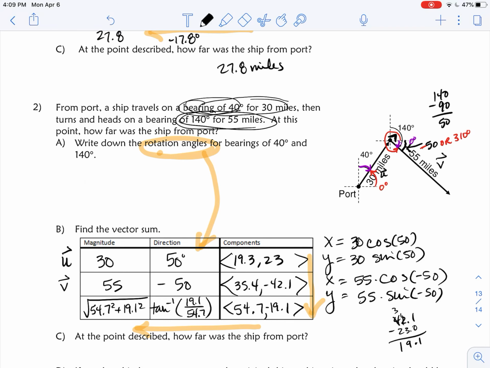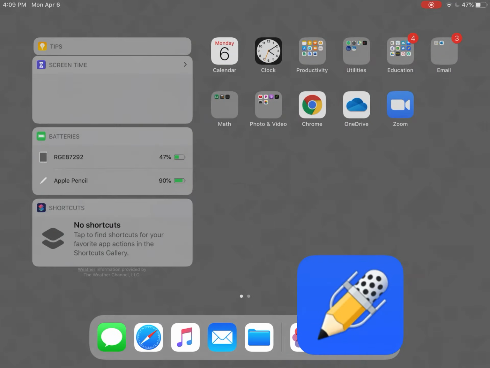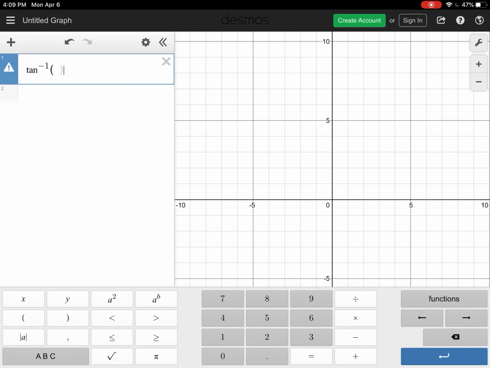I'm going to have to look at my numbers again. 19.1. Oh, I knew there was something weird. It's supposed to be a negative. If you think about the resultant vector, we're going to the right and down. So I knew this value right here should have been a negative. So I'm sorry, but we figured that out. Put on my negative. Negative 19.1, 54.7.